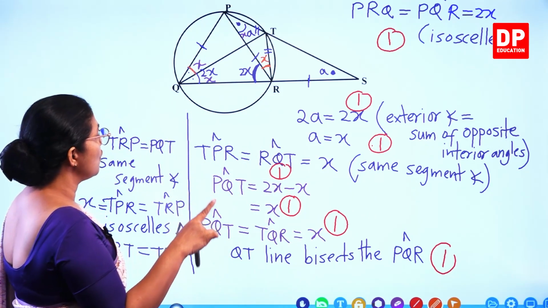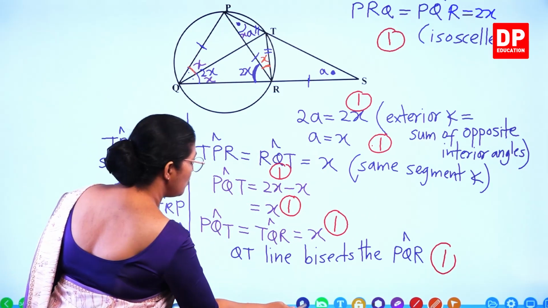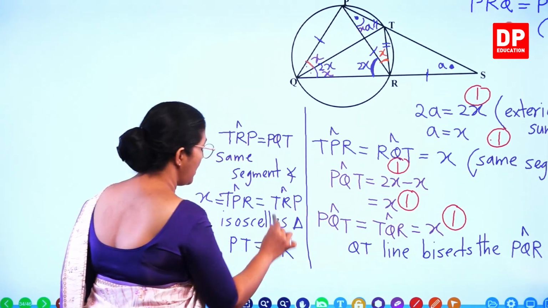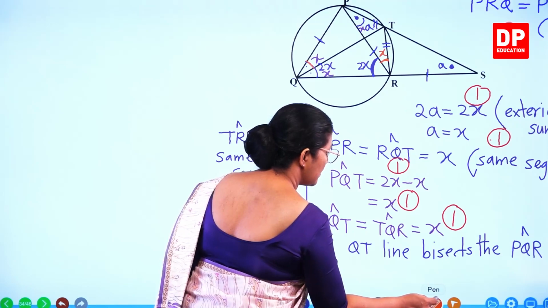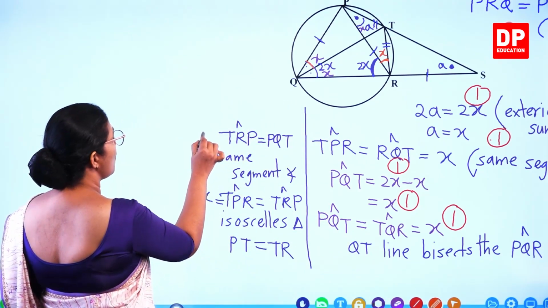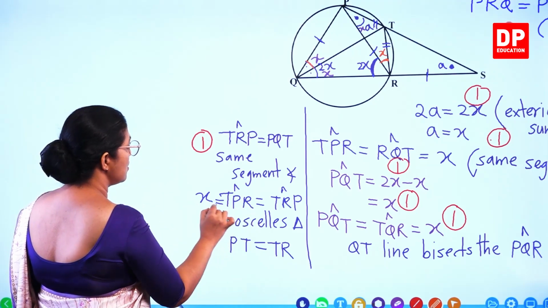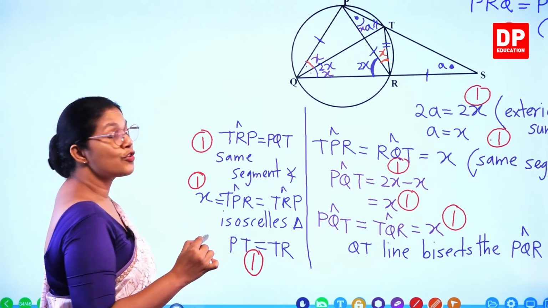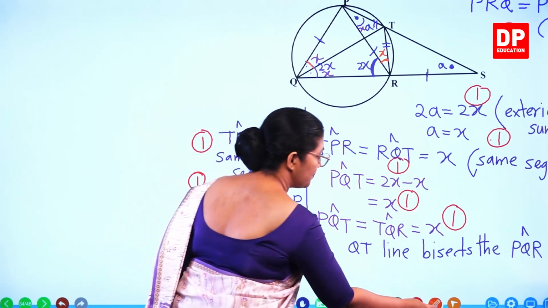So 7 marks for the first part, and using that we found this is bisected, and you get isosceles triangle. So we'll give 3 marks for that: 1, 2, and 3. So altogether 10 marks for this question.